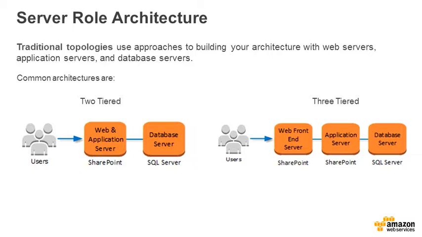The three-tiered model allows you to distribute the web front end from the application server, so components such as Access or Excel, other things that are actually running on the server end to do simulation or access to more rich application environments might run on that application server, whereas you might run just the SharePoint front end components under IIS on the web front end server side. Still backed by a database server in the back.